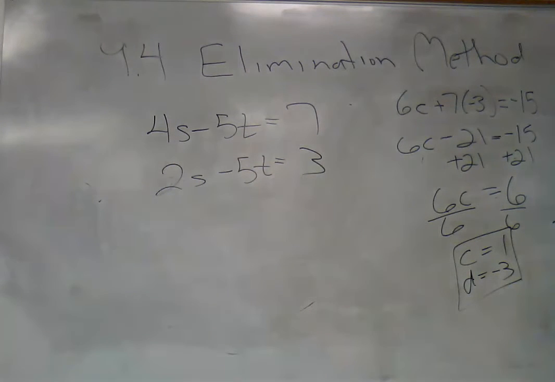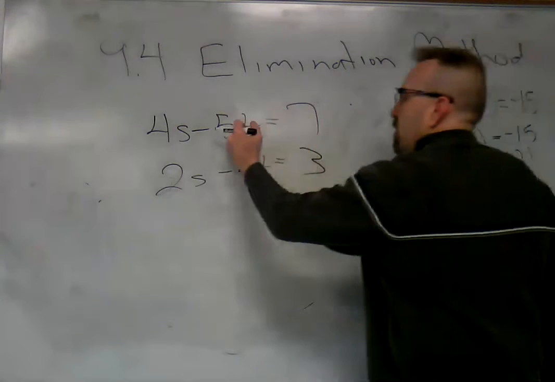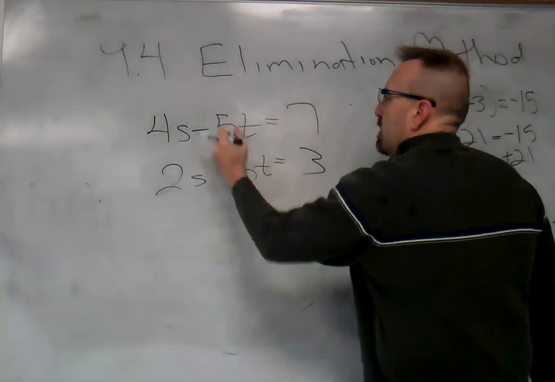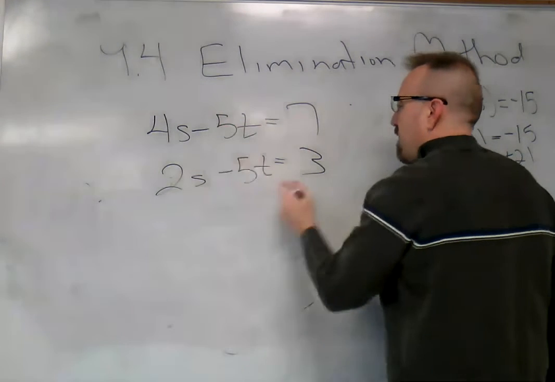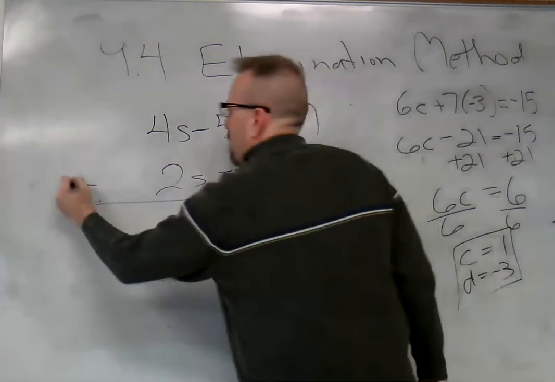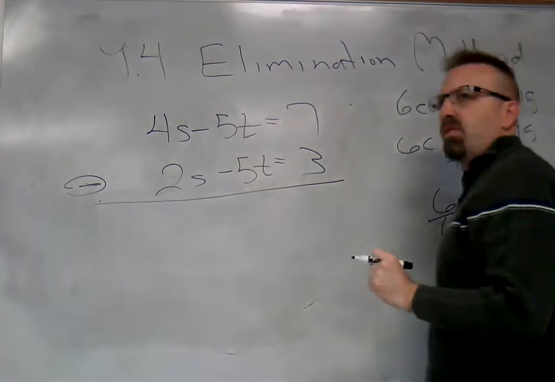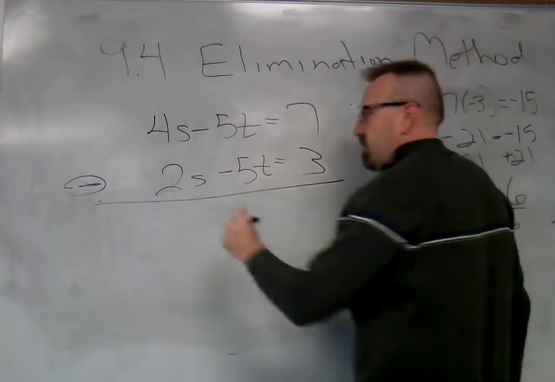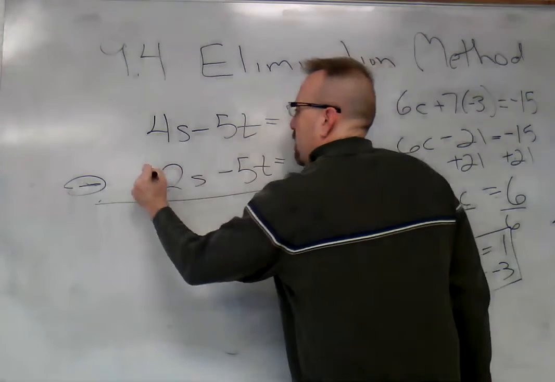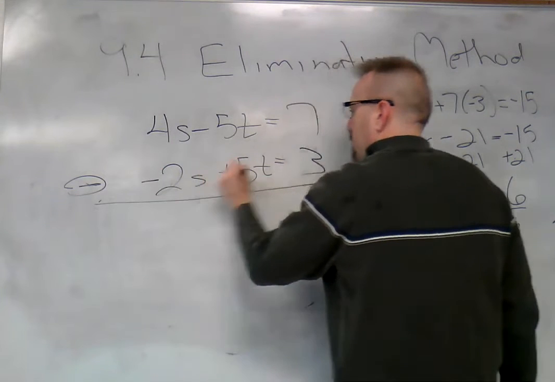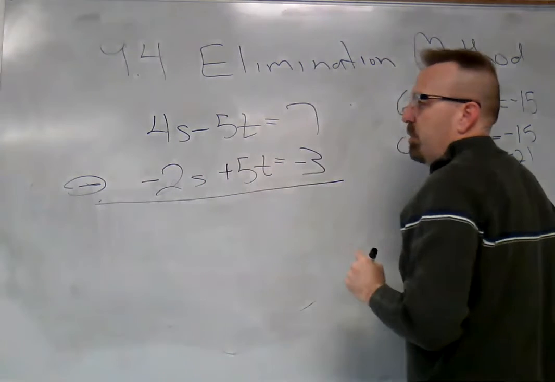So we have two numbers that are the same coefficient, and they're the same sign. If they're the same sign, we need to subtract. So if we subtract, what do we have to do before we can work it? Change all the signs. Very good. So that one becomes a negative, positive, negative.